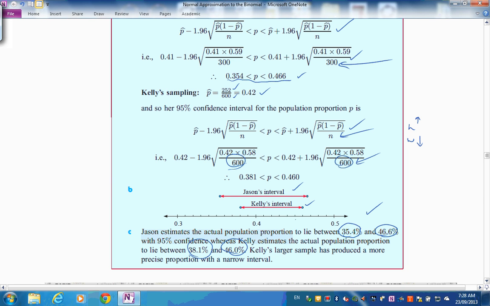Okay, so Kelly's large numbers produced a more precise proportion with a narrower interval, but they're not contradictory, are they? They overlap, and so it's quite likely that they both have a good estimate there. Kelly's done better because of the larger sample size. And guess what? That's what we're going to have a look at next. How to reduce the sample size when we're sampling to trap the population proportion.